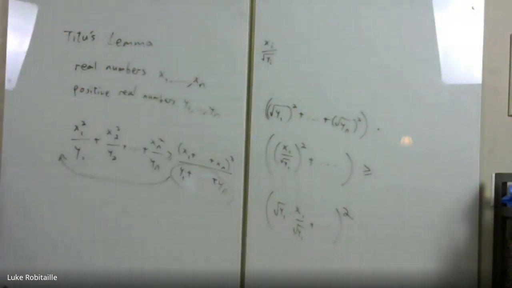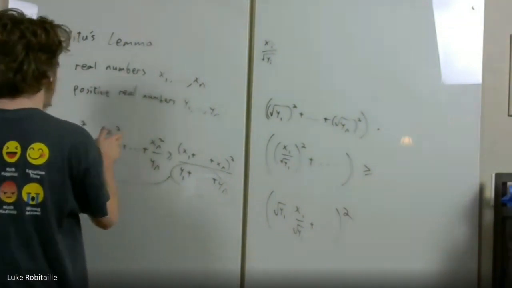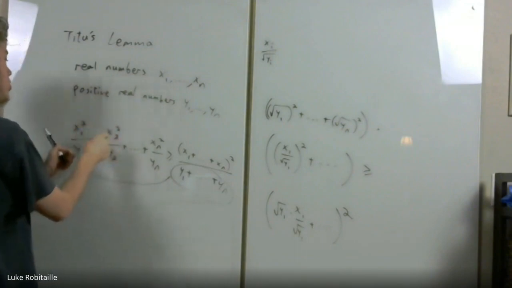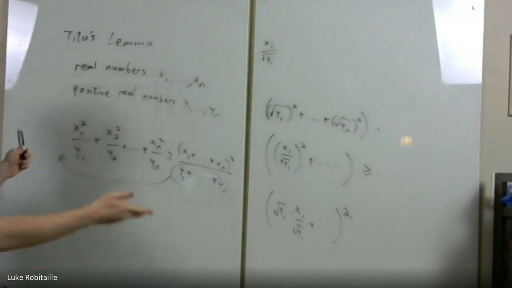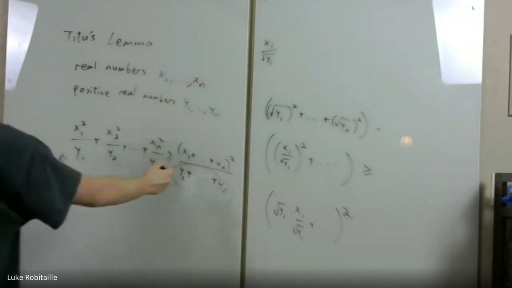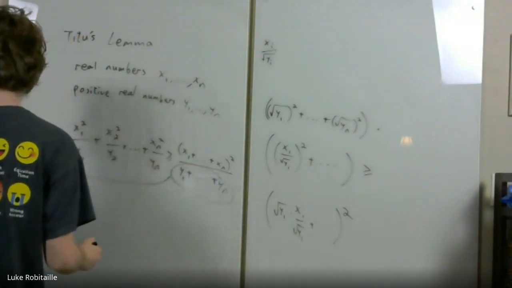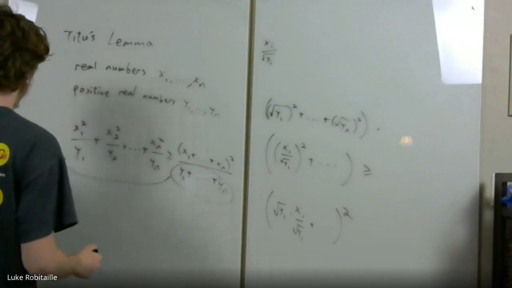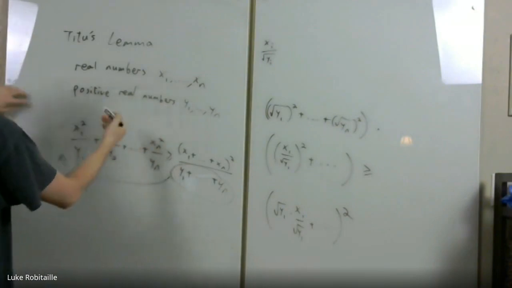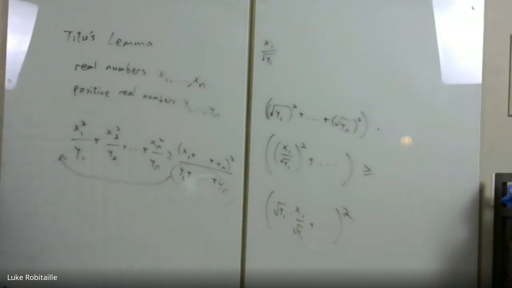You could prove it in other ways too. One proof I've seen is that you could combine two terms into one just by direct computation, and then it follows by induction. Also, you could do that homogenization trick similarly to before. If you assume that the sum of the y_i's is 1, and then you assume that the left-hand side is also 1, ignoring all 0 cases, and then you prove it from there.